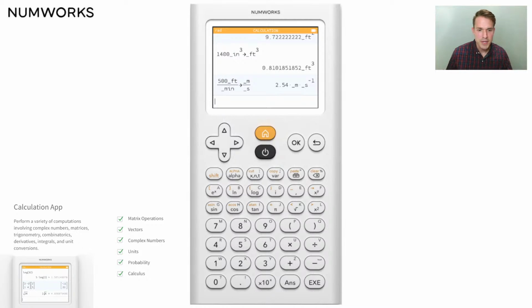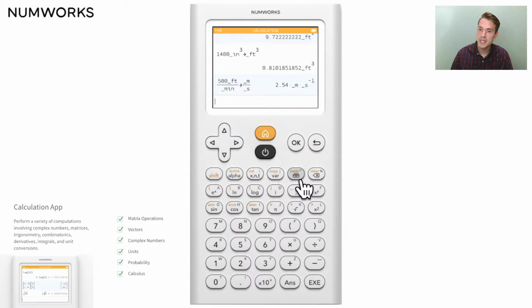All right, so staying with the calculation app just a little bit longer, I want to switch gears a little bit and talk about some probability. There are some probability operations within the toolbox. So let's say that we are interested in, from a group of 12 people, selecting 5 for a group. That means we can't repeat anybody, but the order doesn't really matter because we're just collecting a group of 5 people.